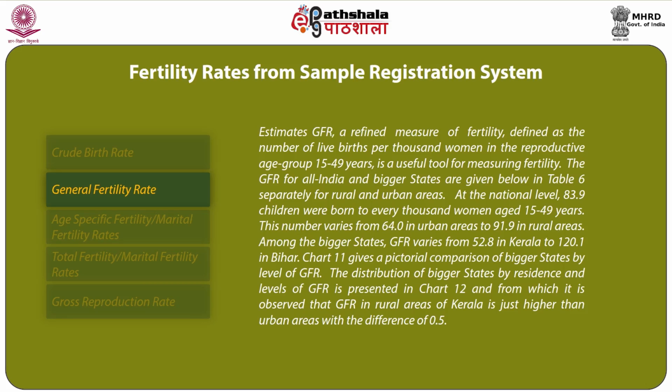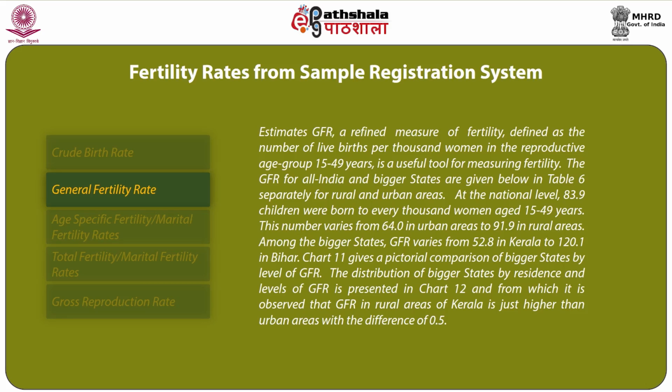The general fertility rate for all India and also for bigger states are given in the table separately for rural and urban areas. At the national level, the data shows that there are 83.9 children born to every 1000 women in the reproductive age group of 15 to 49 years.